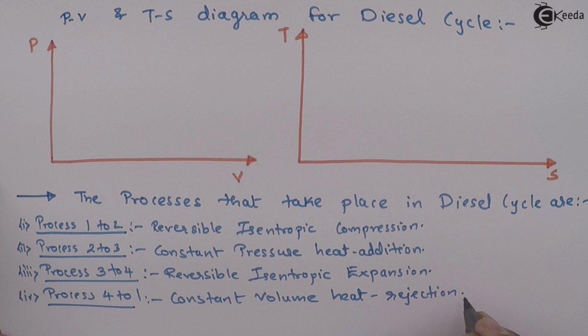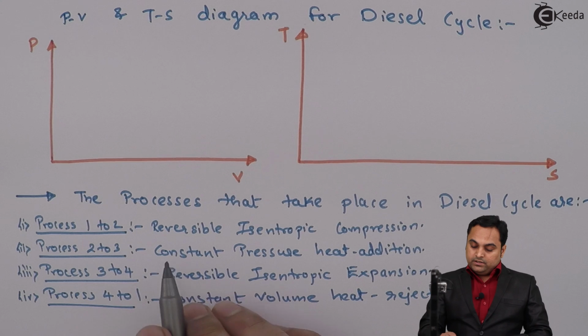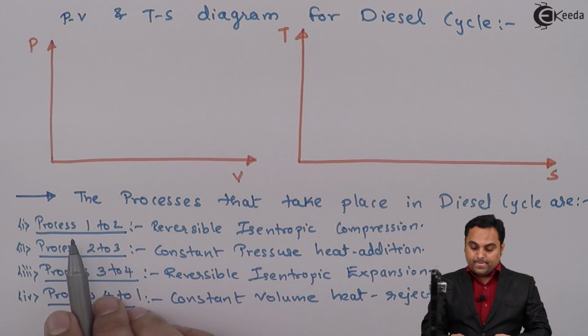So these four are the processes which are there in case of diesel cycle. I'll draw it one by one, first on the PV diagram, next on TS diagram.